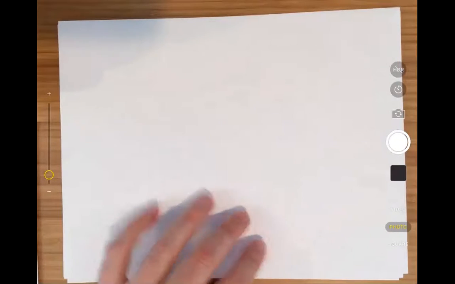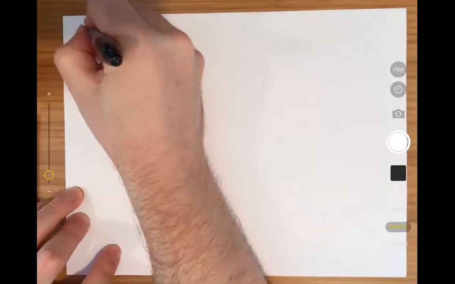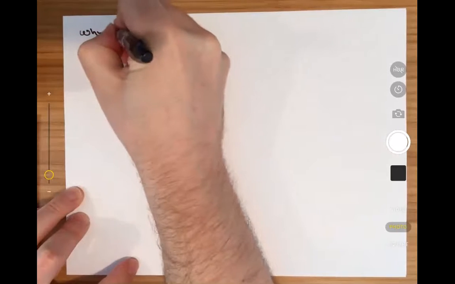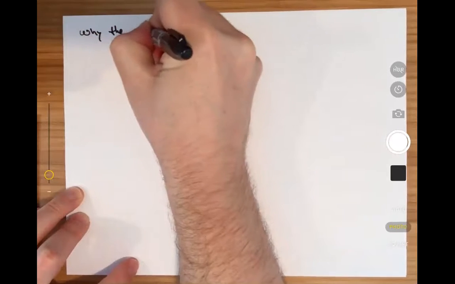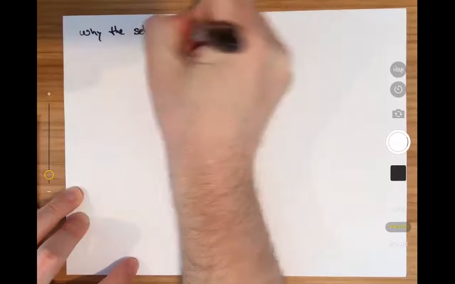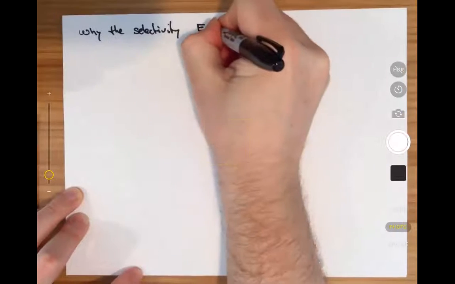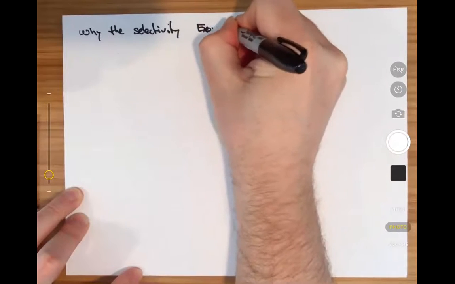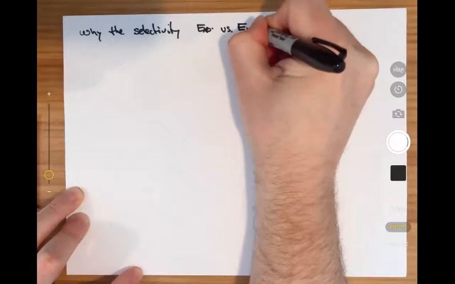So why is this? Well, we can have a closer look at, again, the orbital interactions of this system, and I'm going to pick a simple pi system in order to make this easier to understand. So why the selectivity, exo versus endo.